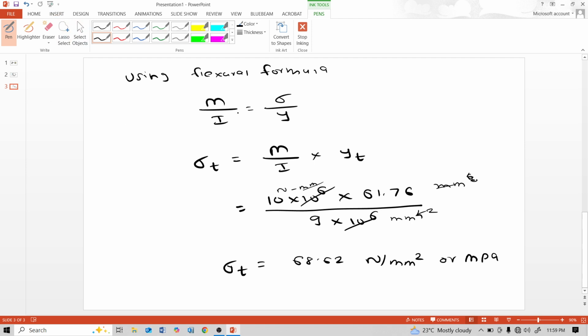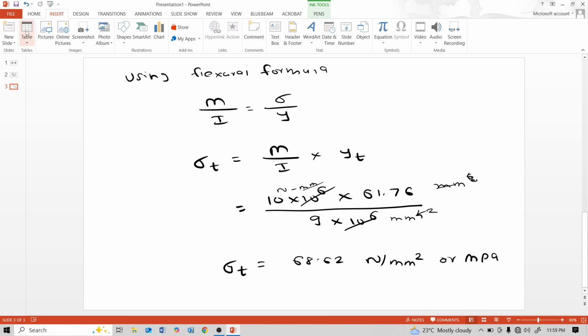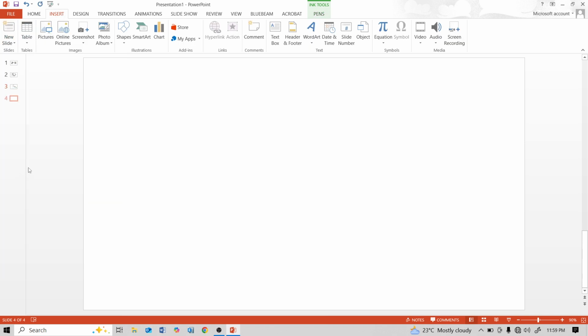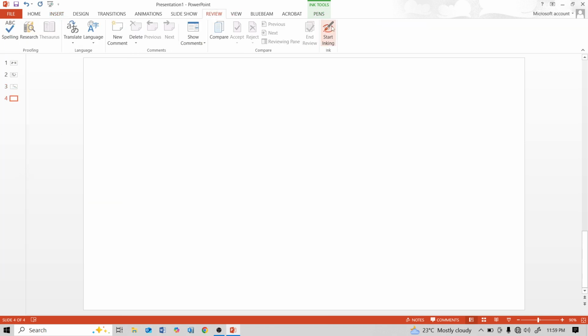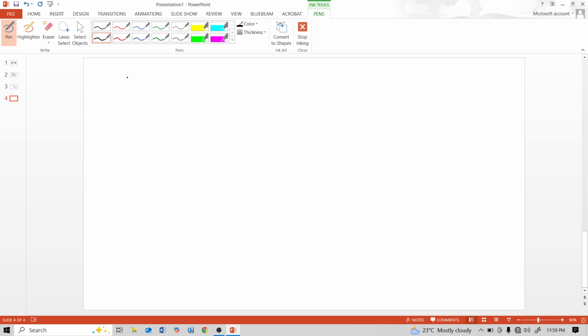By using the same flexural formula or bending equation, M by I is equal to sigma by y, calculate the compressive side stress. That means sigma compression is equal to M by I equal to sigma by y. This is yc.